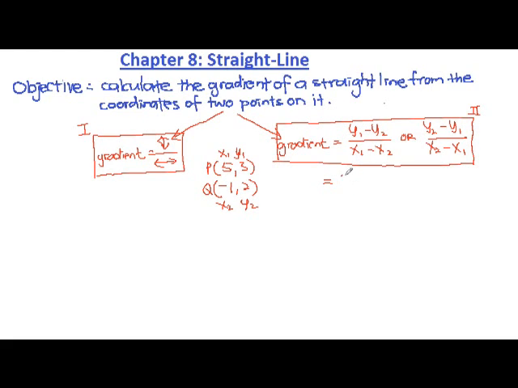y1 is 3 minus 2, over x1 minus x2, which is 5 minus negative 1.